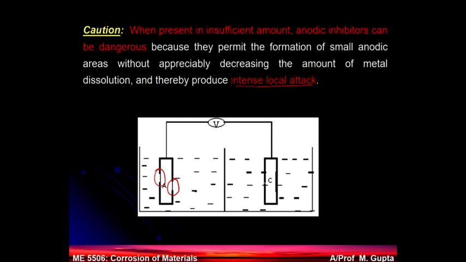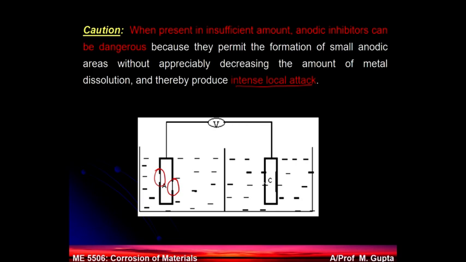Recall the concept of galvanic corrosion. What was one of the very important lessons from galvanic corrosion? The size of the anode and the size of the cathode. Remember that?